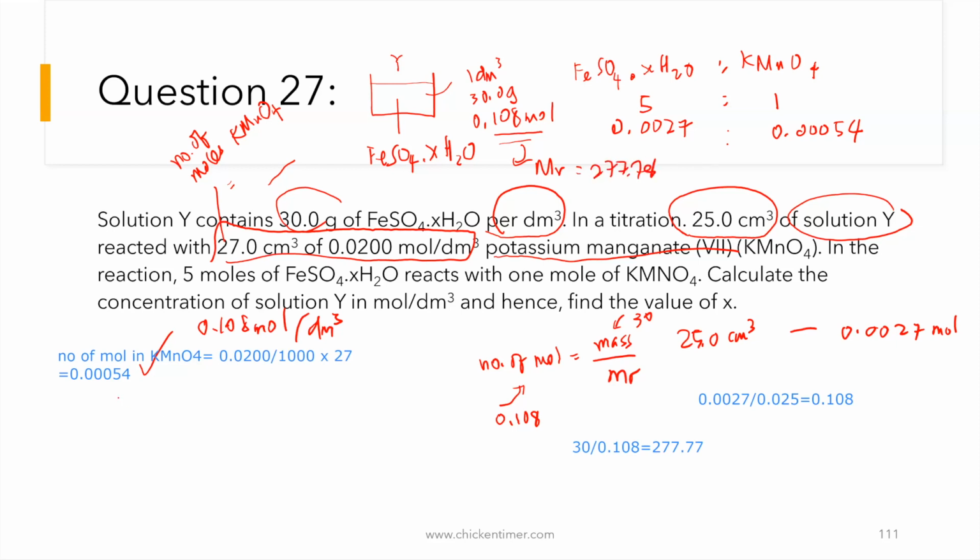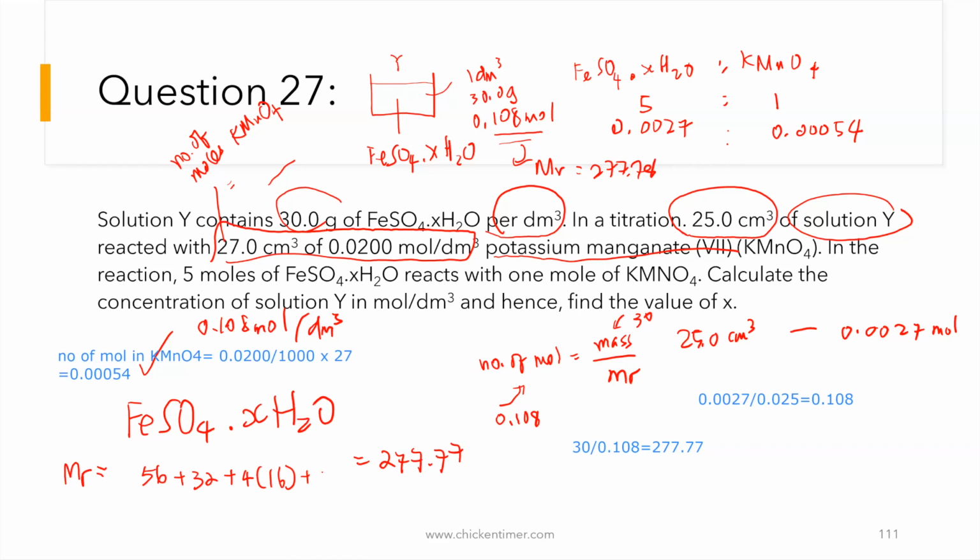So the MR is equal to 277.77. Iron is 56, sulfur is 32, oxygen is 16, plus water is 18 times X. Then you solve for X. That's how you get the X.